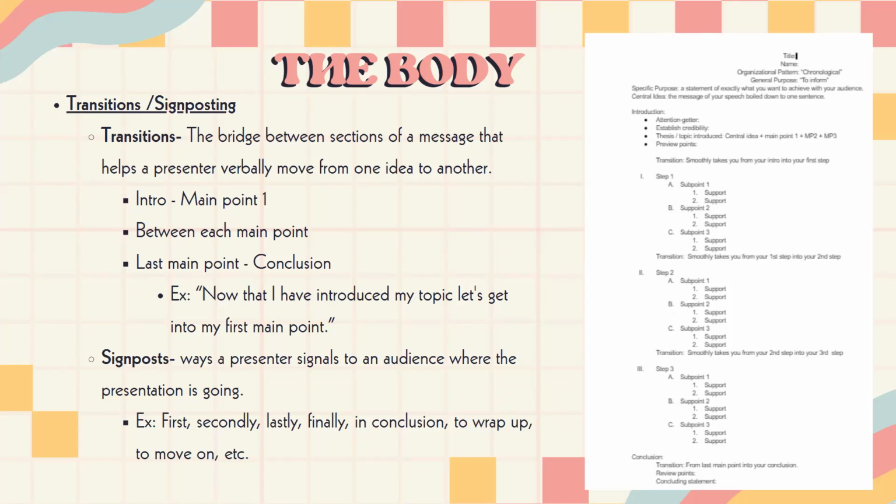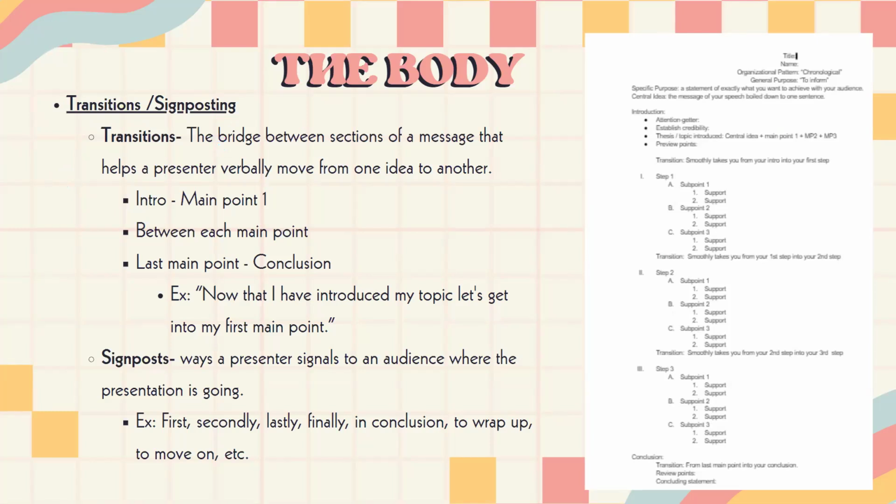We don't have exactly what you're going to say. So these are your best friend. Imagine you are grabbing your audience's hand and saying, this is what we're going to do and this is where we're going.